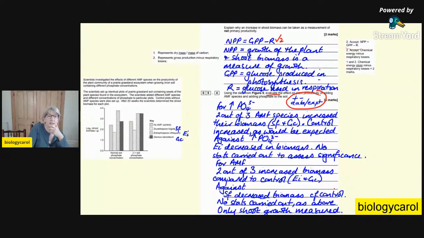So IE and GC increased, but this one, SF, decreased in comparison to the control. And again, no stats carried out, so you can't tell whether it's significant. And the other thing that I noticed, they've only done shoot growth.